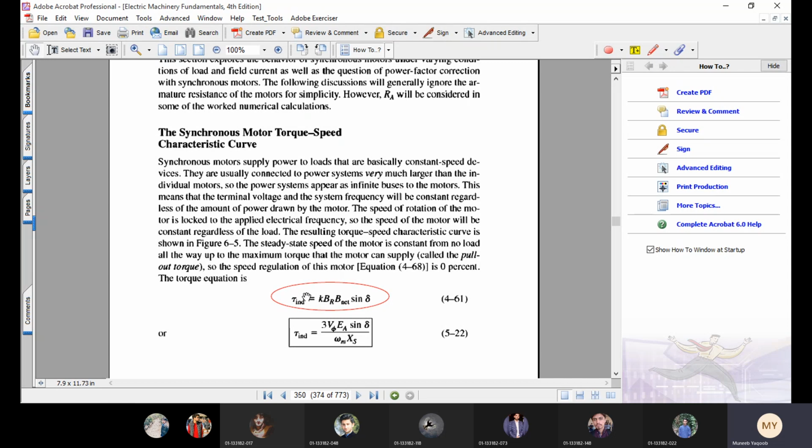So as theta increases, sine of theta increases. So what happens is that the induced torque at the shaft of the motor increases, and due to this increase in induced torque, its speed gets back to its original speed. So hence we say that the machine is acting at a fixed constant speed.